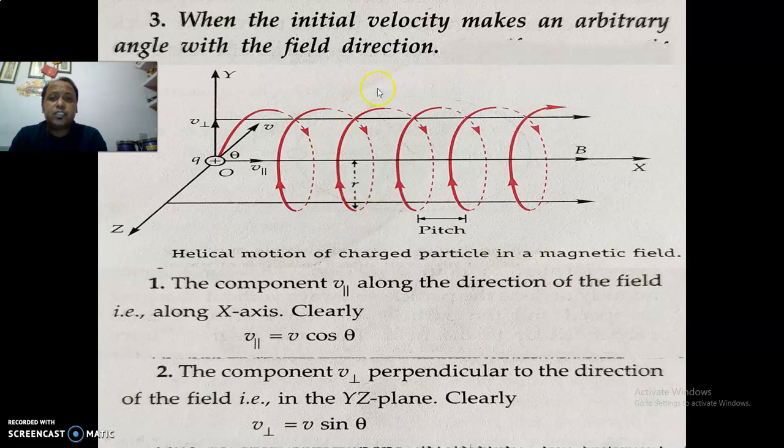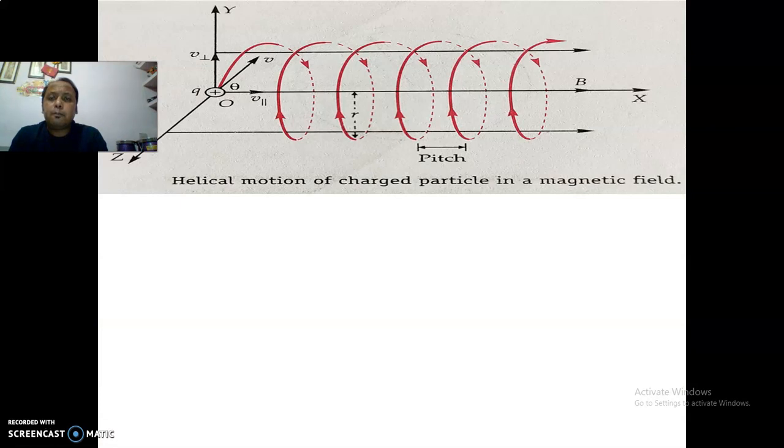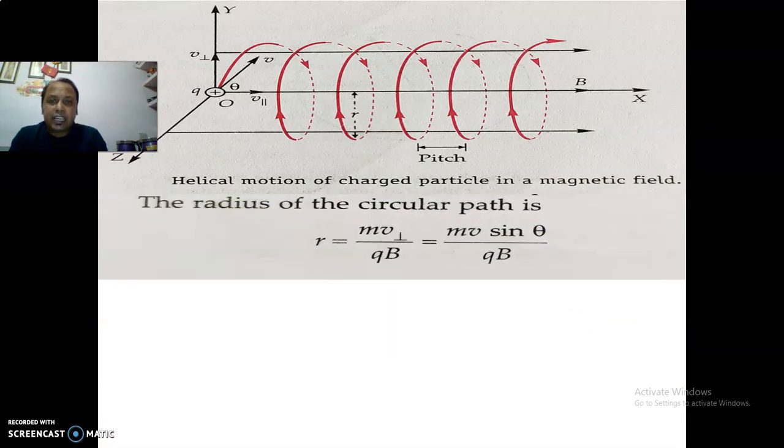You can see if it starts from here, again it reaches here, so this will be the pitch. It is shown here in the diagram. This represents pitch.